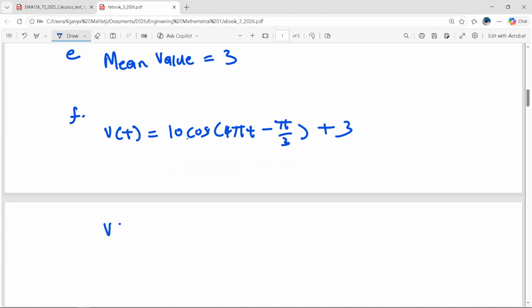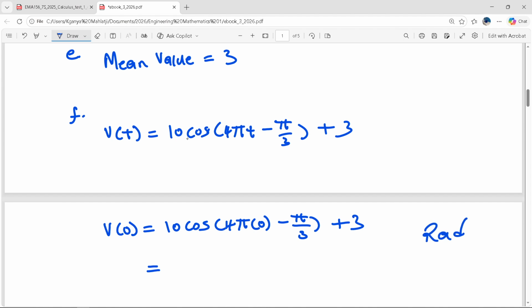Therefore, at t equals 0, you will have 10 cos of 4 pi multiplied by 0 minus pi over 3, plus 3. You can punch everything into your calculator in radians. Do not forget to convert your calculator to radians.